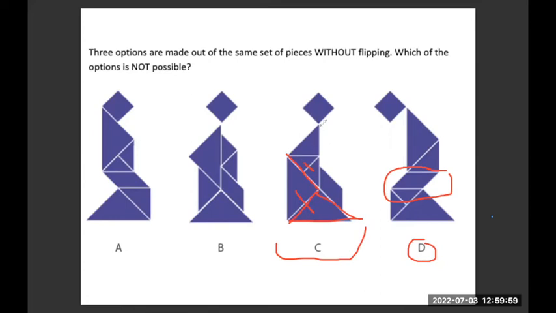There is one triangle which is of a different proportion and which is intermediate, like an in-between triangle between this size and this size.